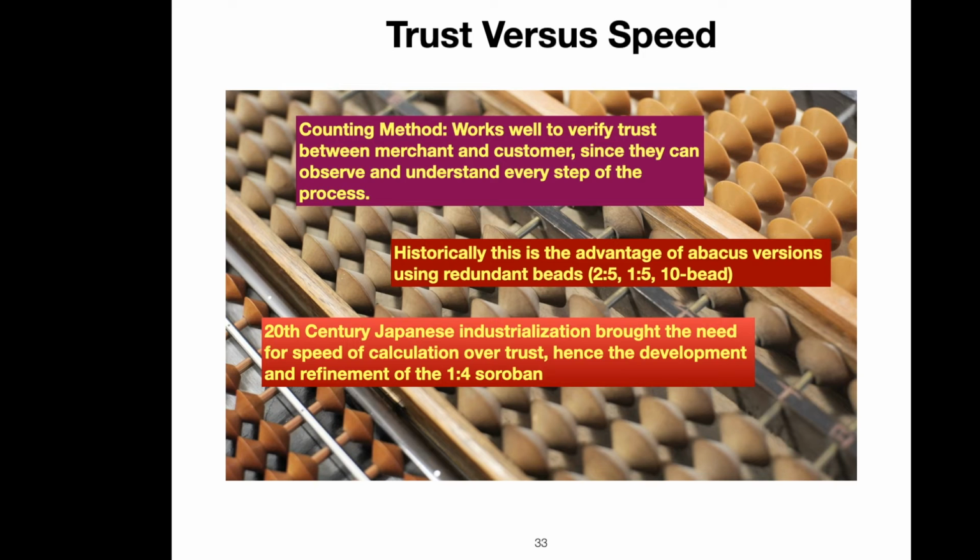Hence, the development of the 1-4 Soroban and its refined techniques used today. So again, the more modern methods of direct number entry require more mental operation steps, which means you can't externally verify the calculation as easily.